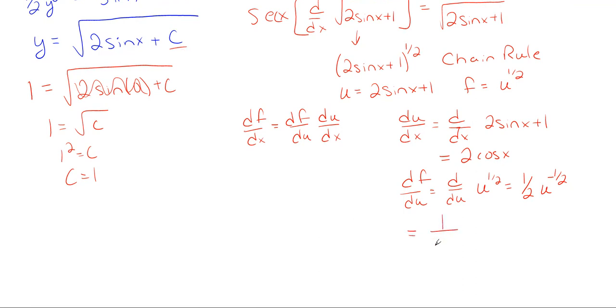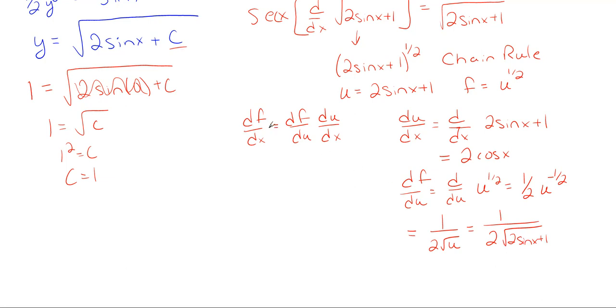So this is 1 over 2 times the square root of u, which is 1 over 2 times the square root of 2 times the sine of x plus 1, all of that under the square root.